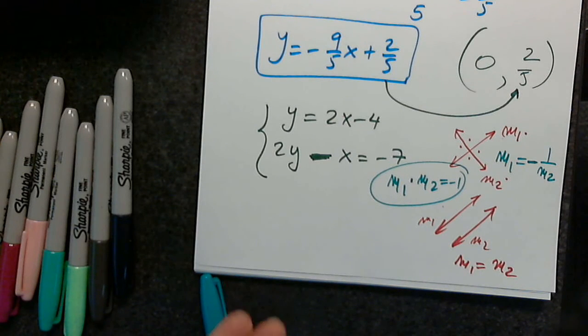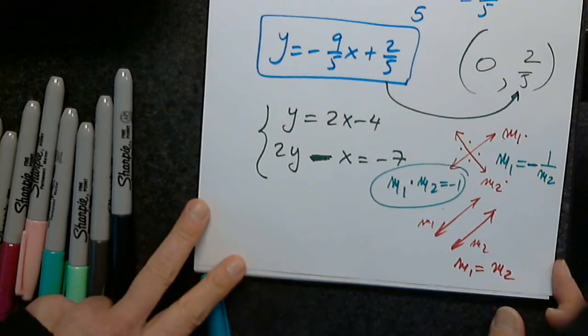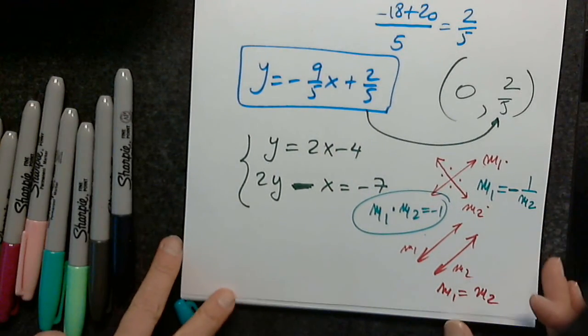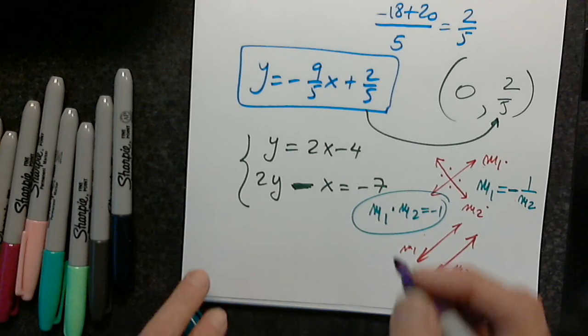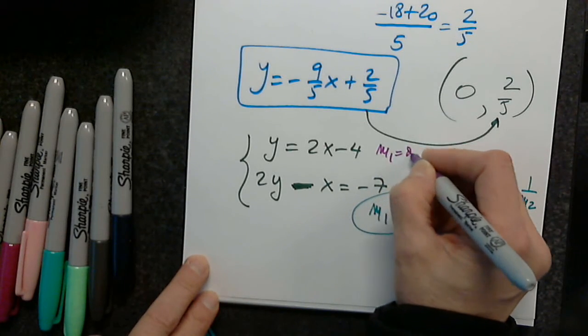What will I have to find for each line? Exactly. Very good. So can anyone tell us the slope of the first one? It's 2. Very good. So M1 is 2.